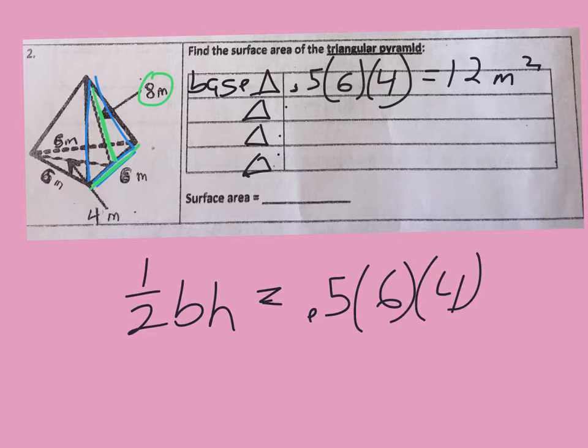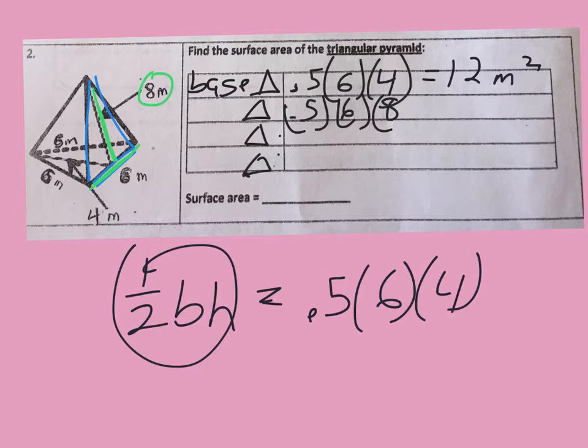So we can write in 0.5. That's 1/2. We're doing this formula: 1/2 times the base of 6 times the height of 8. All right, calculate that. And I know 6 times 8 is 48, times 1/2 is 24 meters squared.